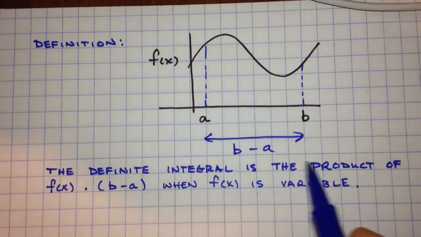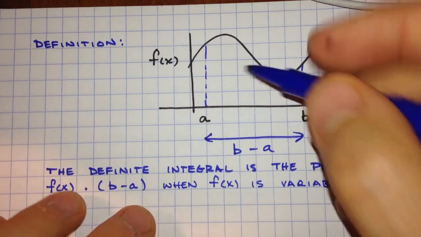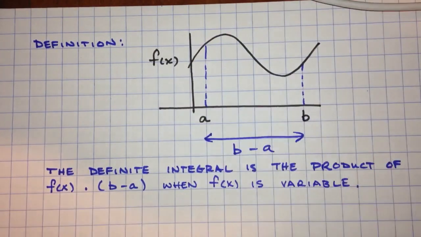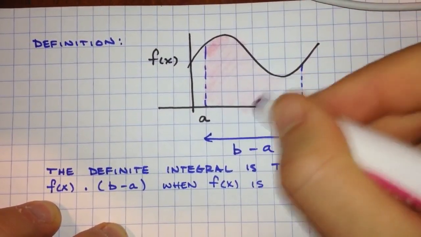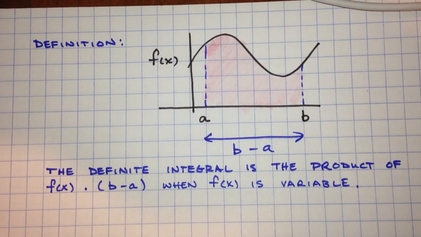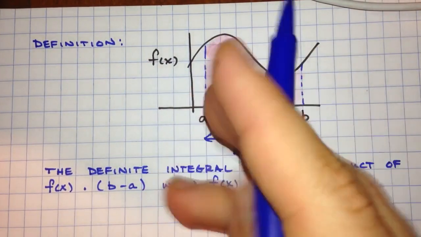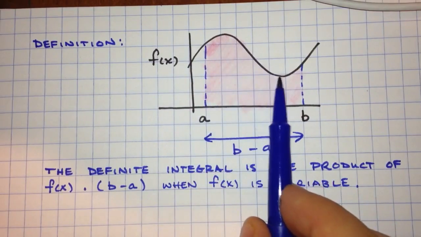It's the product of f of x and b minus a. And so the product would be this height times this base, and the product ends up being this area right here. Now the beauty of the definite integral is it's designed for dealing with situations where the height keeps changing. You know, it's here, and then it's up to there, and then it's all the way down to here, and then it's back up.